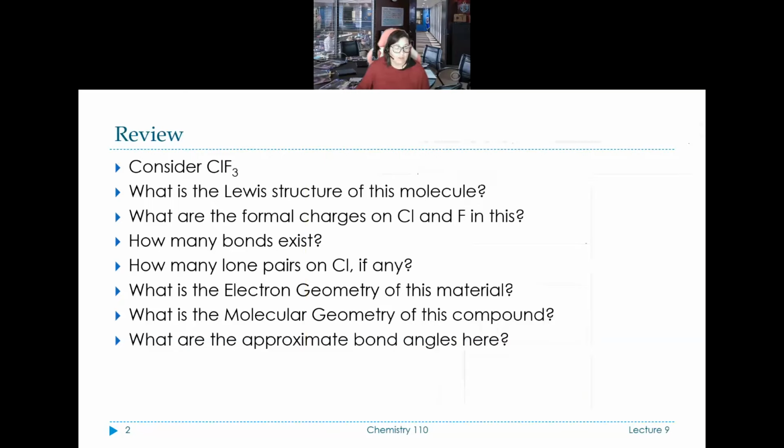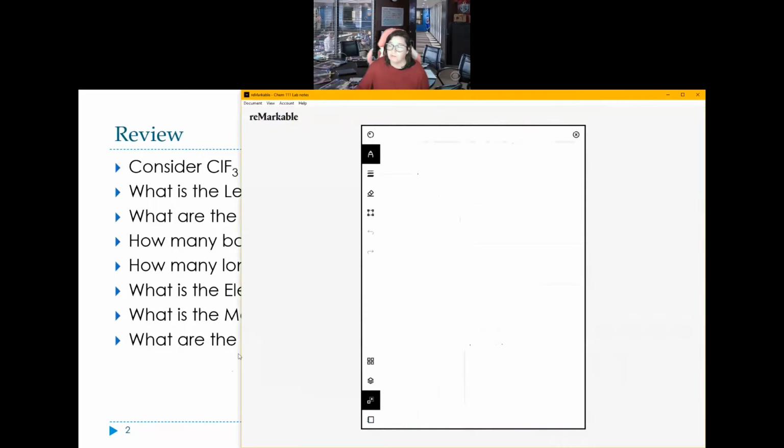The way we're going to do this, we'll take a look at a piece of paper, blank paper here, and of course, I have a cheat sheet so I can look and see what those questions were again. We're talking about ClF3.